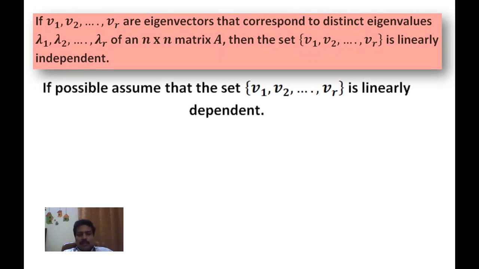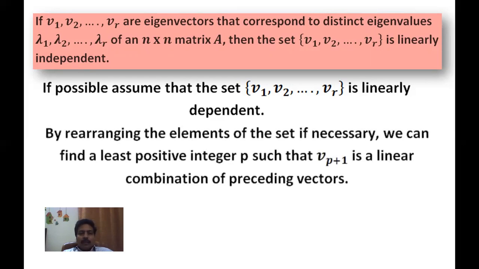Let us assume that our statement is wrong and the set v1, v2 and so on vr is linearly dependent, where v1, v2 and vr are the eigenvectors corresponding to distinct eigenvalues lambda 1, lambda 2 and so on lambda r.